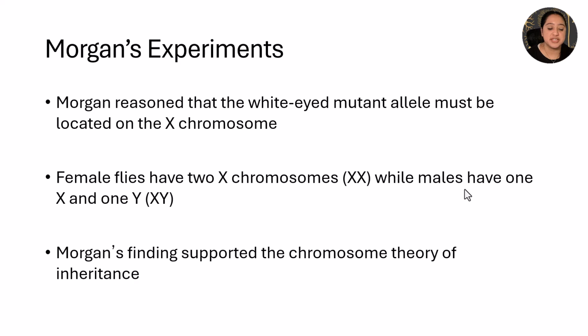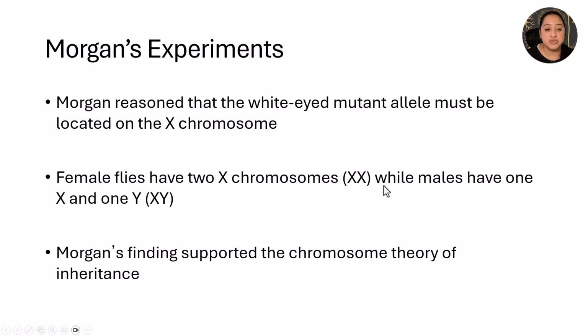And so he reasoned that the white-eyed mutant allele must be on the X chromosome because female flies have 2 X chromosomes, and then male flies only have 1 X and 1 Y. So if the X in a particular male is the mutant white-eyed allele, then that's the only way it could be expressed because it can't get covered up by the other wild-type allele.